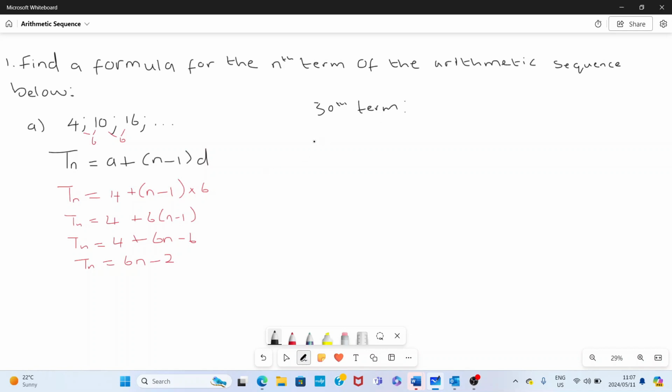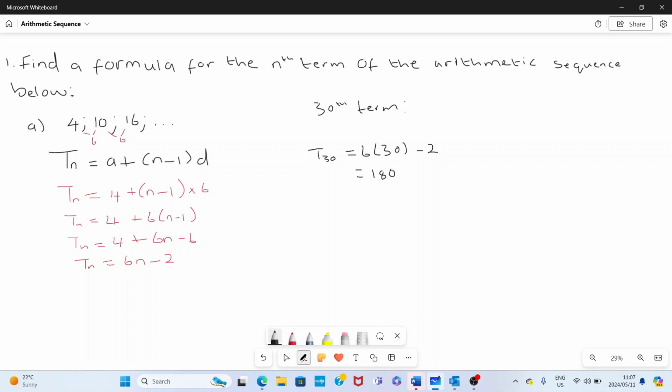Already we have our Tn here on the left. So we just have T30 and replace the n with 30. This would be equal to 6 into 30 minus 2. If you multiply 6 by 30, that's 180.